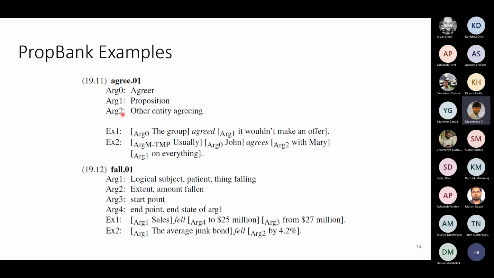So although this is quite helpful, we also see some issues with this. What are the issues? The issue is that we may need to identify the sense of the verb. And also if you look at arg0, 1, 2, sometimes their meanings are actually changing across different verb senses.